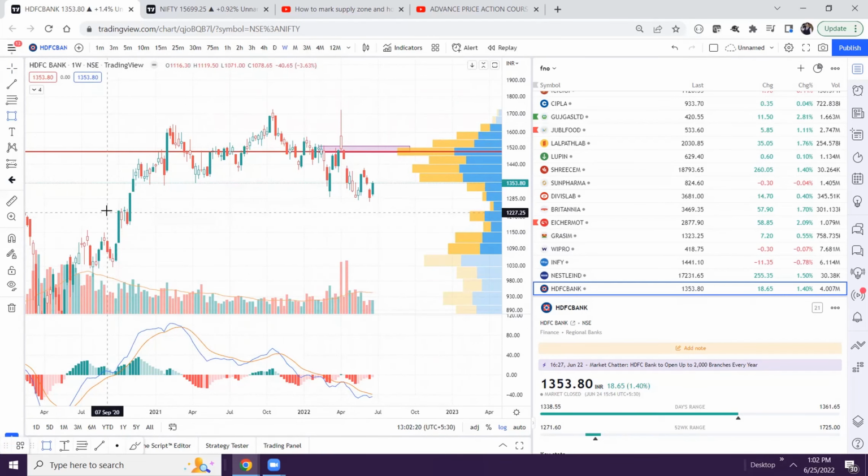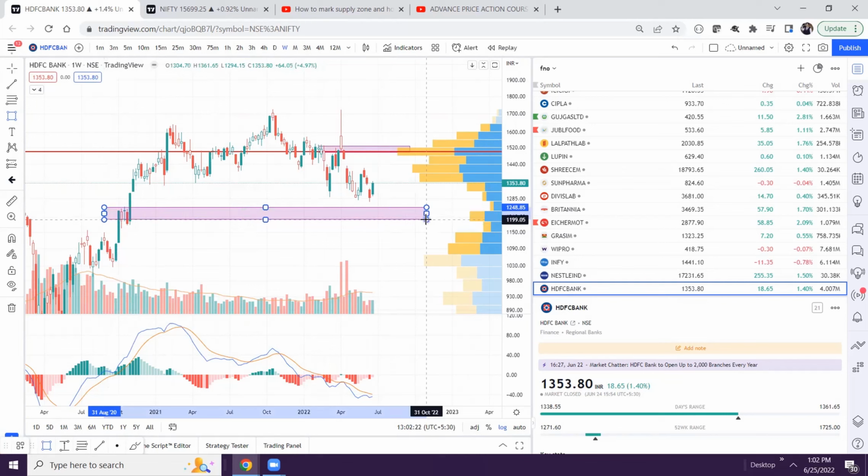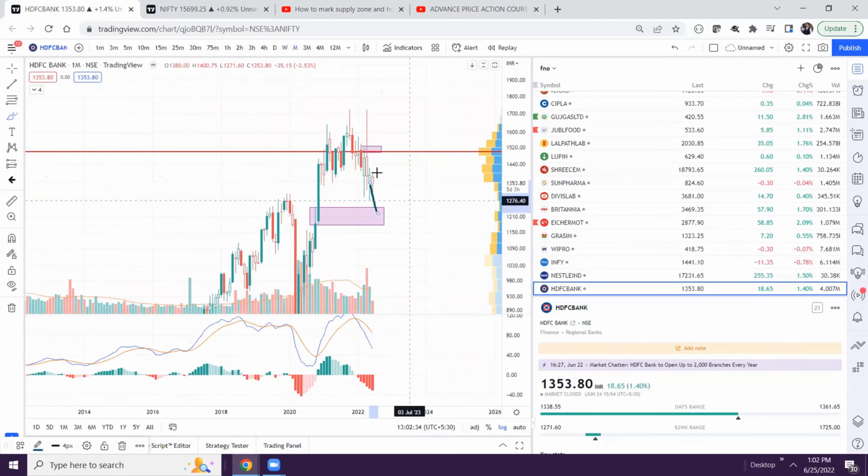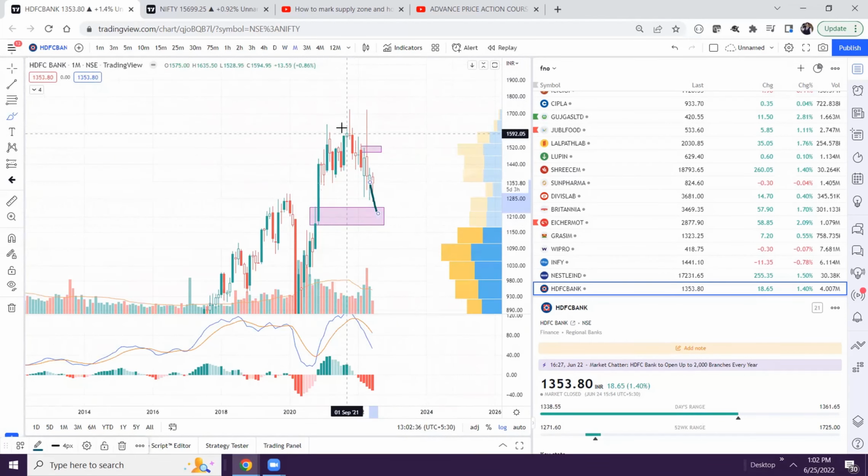Now if you see demand zone is something here, right? And if it reaches here and after that it clears the supply, now let us see a higher time chart. This is not a supply because this is very messy, right? This is not actually a supply zone. So let us see.